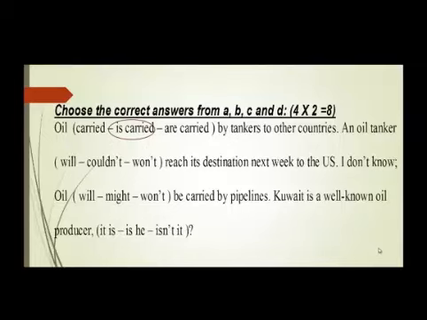An oil tanker will, this is for the future. I don't know. Oil might be carried by pipelines. Kuwait is a well-known oil producer. Here you have a question tag, isn't it?